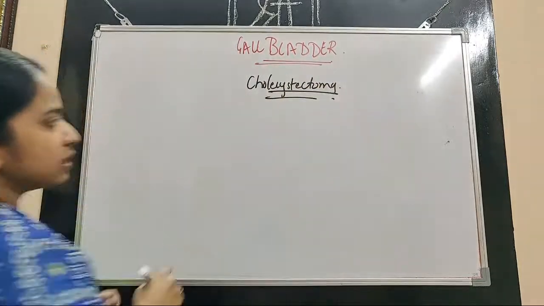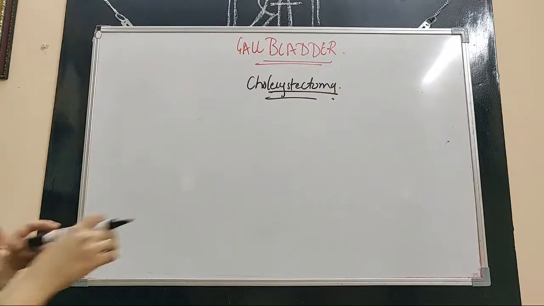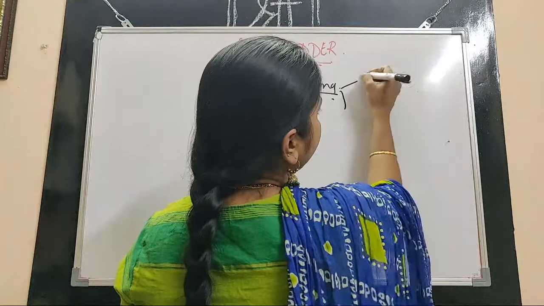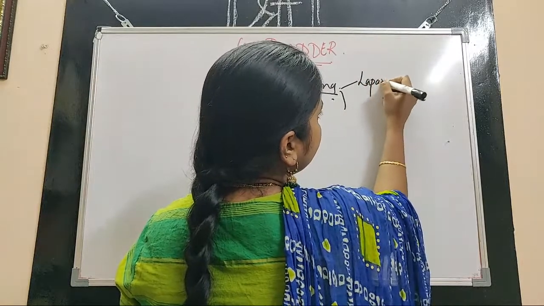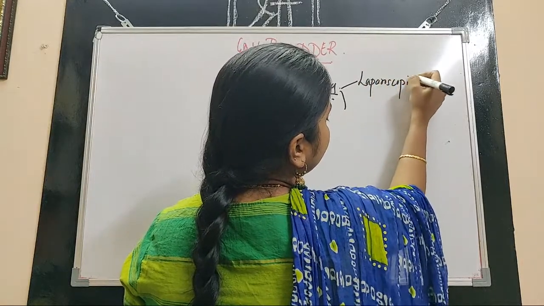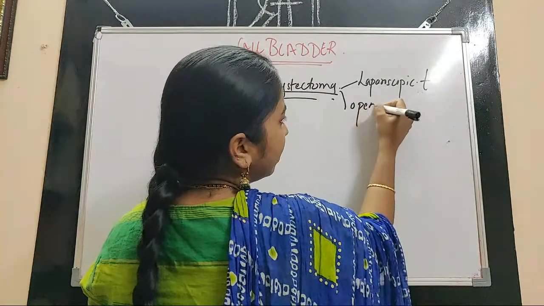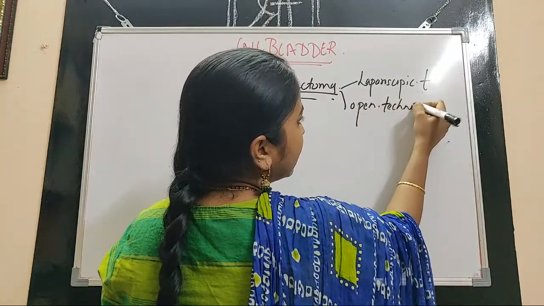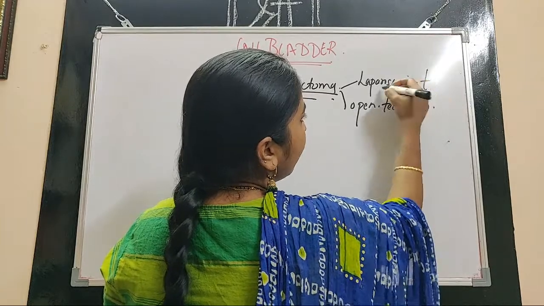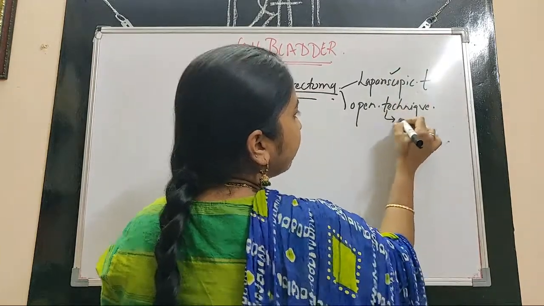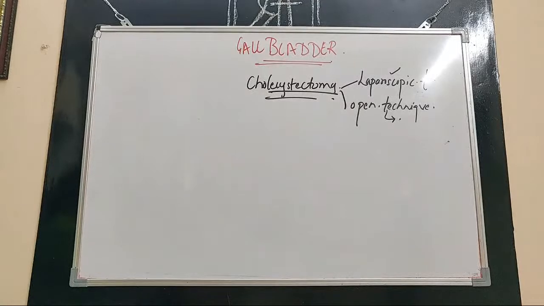Cholecystectomy is of two types: one is the laparoscopic technique, the other is the traditional open technique. First we will discuss the laparoscopic technique and then we will move on to the open technique.